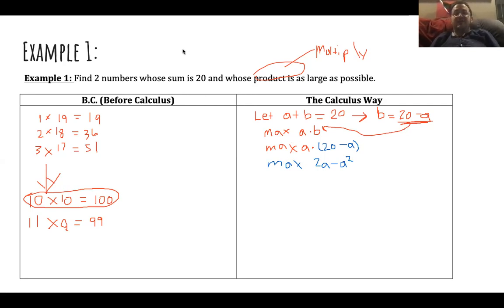To do this, the simple idea is to take the derivative and set it equal to 0.